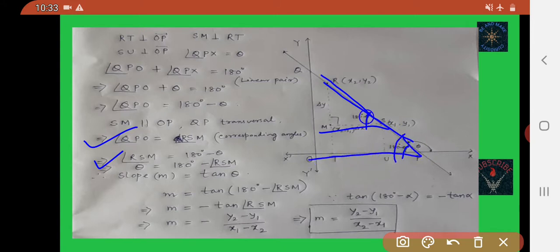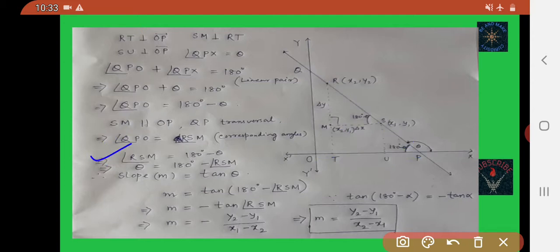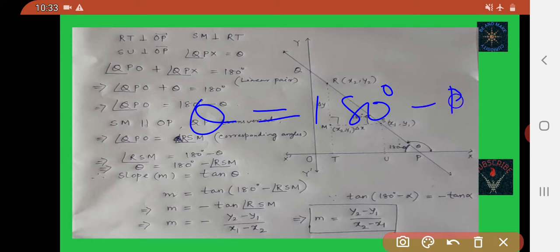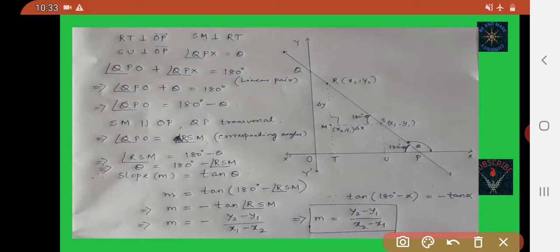So you can write RSM is equal to 180 degree minus theta, and theta is equal to what? Theta is equal to 180 degree minus angle RSM.